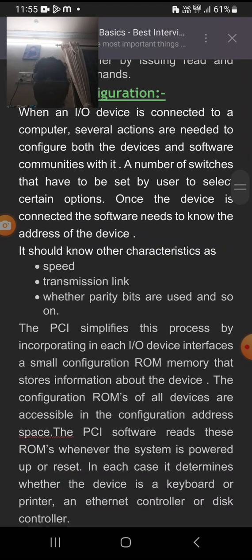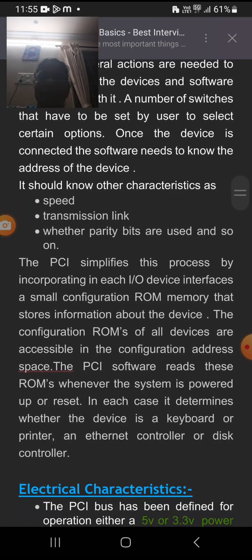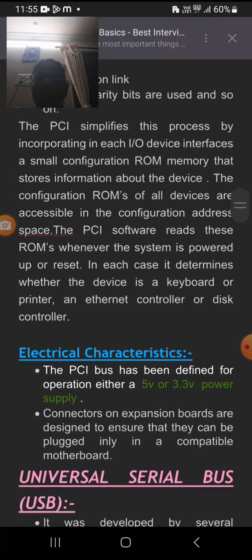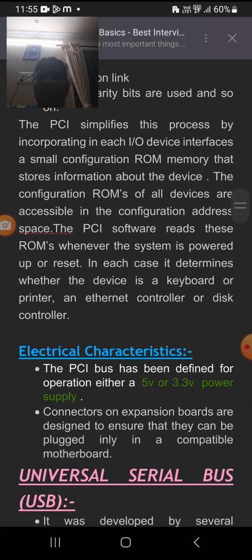The PCI software reads these ROMs whenever the system is powered up or reset. In each case, it determines whether the device is a keyboard or a printer, an Ethernet controller or a disk controller.